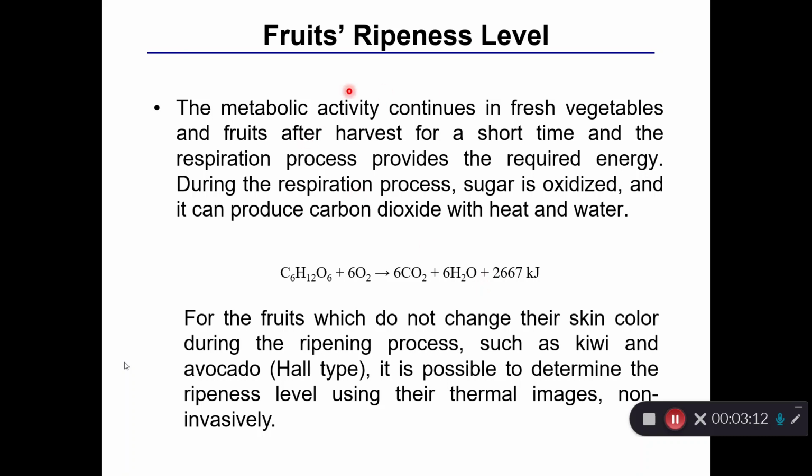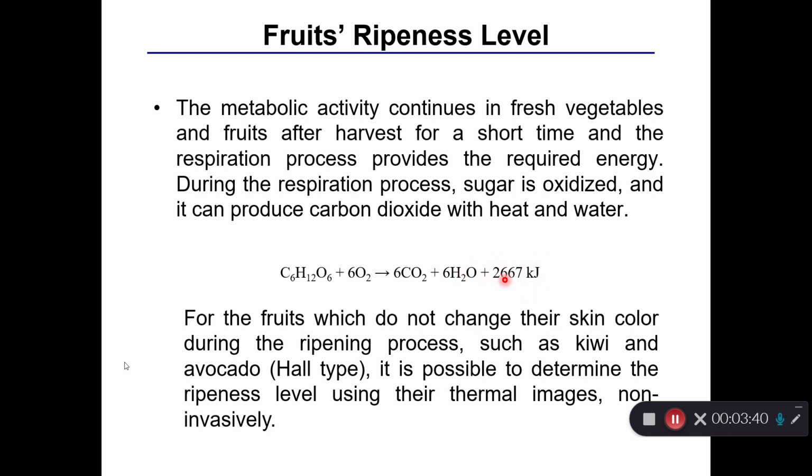So when it comes to fruits, even after the harvest of the fruits and vegetables, the metabolic activity continues for a while. And during that time, during that respiration process, as we see here, the sugar is oxidized and broken into carbon dioxide, water molecules, plus some energy.